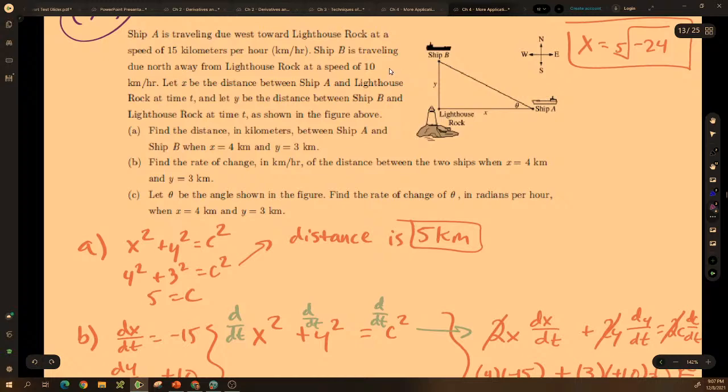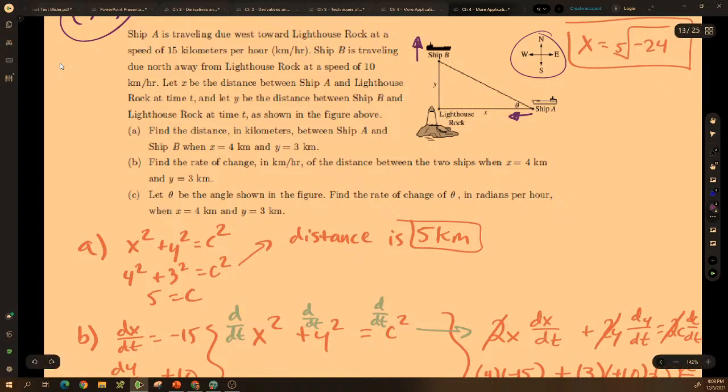So this is the one I talked about earlier that I said is on the FRQ where I have no constants. So as I read this, I have ship A traveling due west. I think this was in one of our previous practice tests as well. So ship A is going to the west, north, east, southwest. It's going this way. And ship B is going north. That's going up.